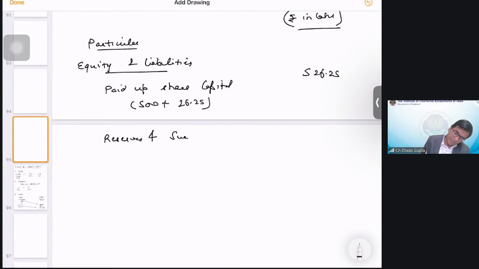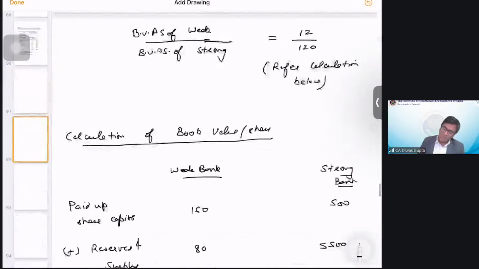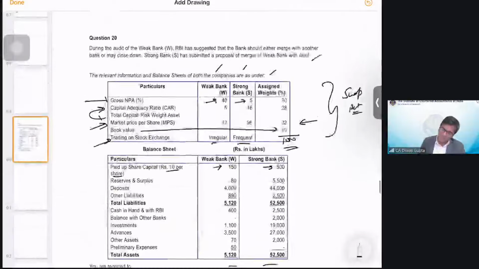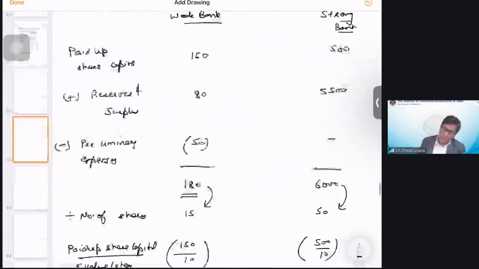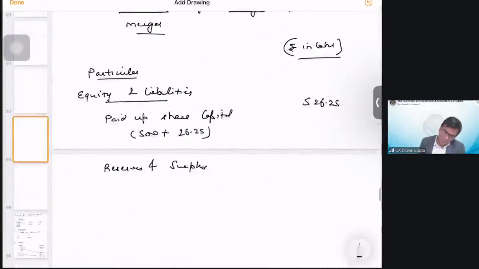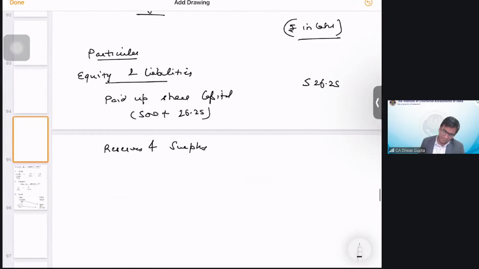Reserves and surplus will continue to be for the strong bank, which is 5500. It will not get added. Reserves will never get added. Reserves will remain for the acquiring company itself.